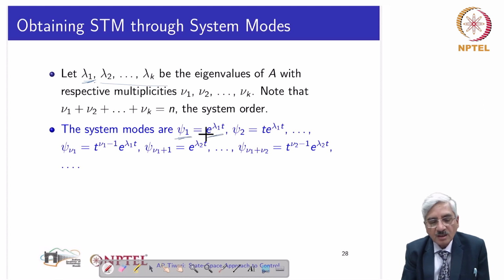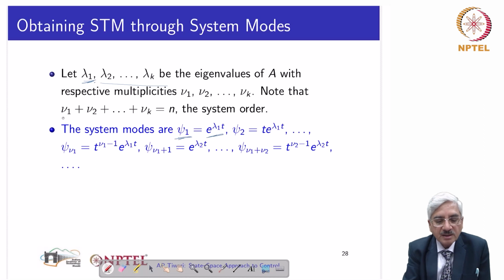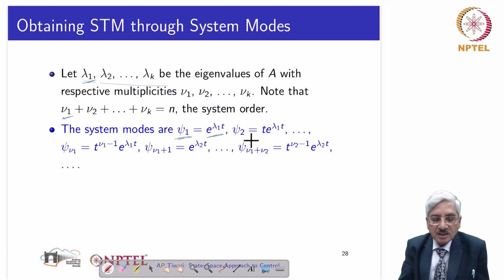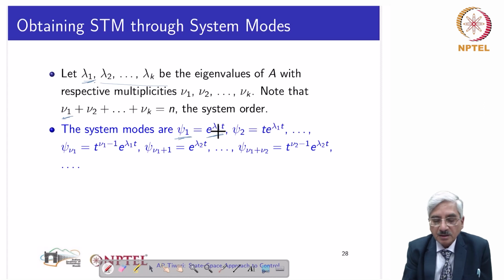1 t, and because lambda 1 is repeated nu 1 times, there are other modes associated with the eigenvalue lambda 1. The other ones are t e power lambda 1 t, t square e power lambda 1 t, and so on.